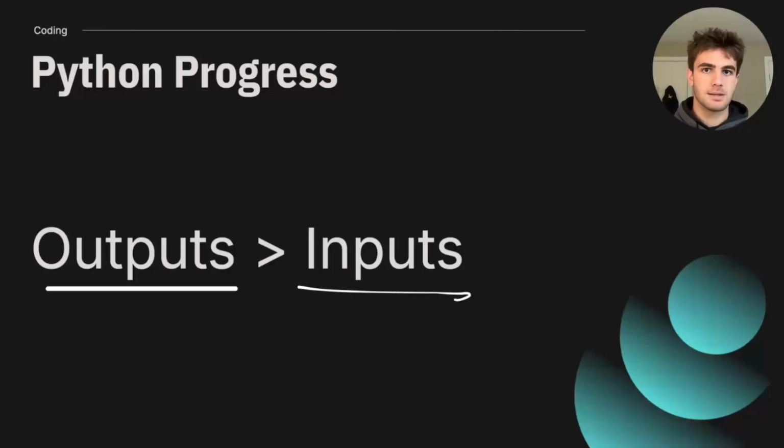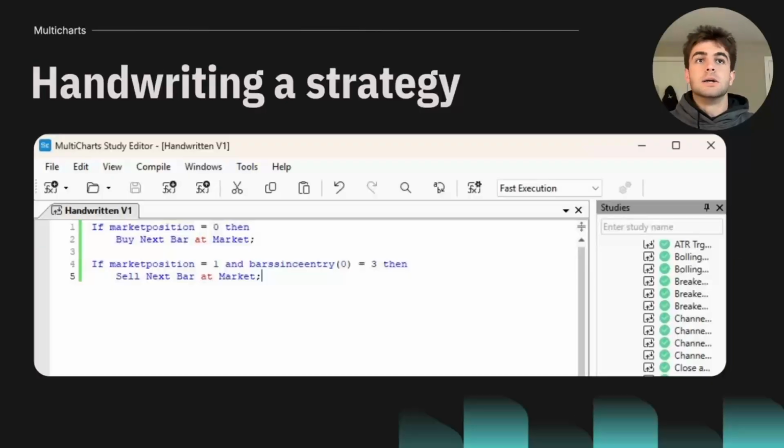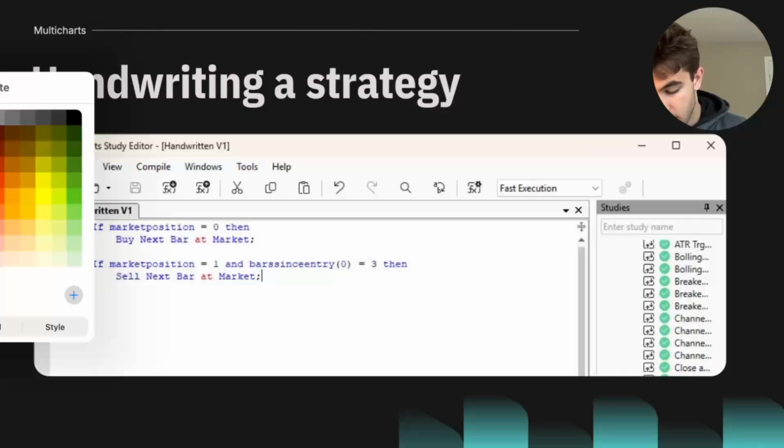How's the fastest way to get to that algorithmically? Which is probably going to involve much more AI code than my own code, and through power language, not Python. But I did still handwrite a strategy because it was one of the goals for last week. As we can see though, it was very simple.